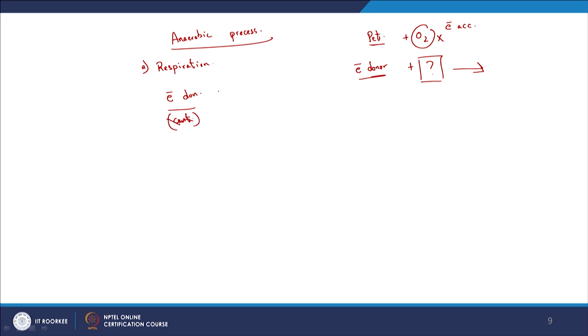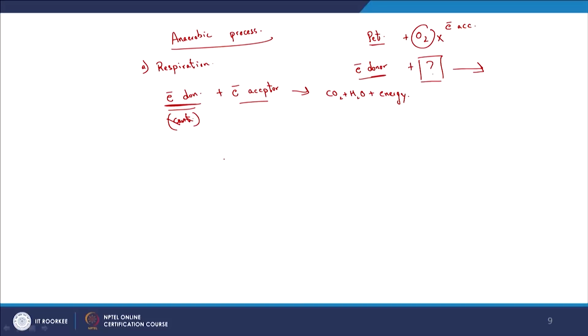So, you have the microbes degrading using the electron donor and electron acceptor, and that going to CO2 and H2O and energy, right. So, there is transfer of electrons, and the microbes use the energy, but in this context of the anaerobic process, you do not have oxygen anymore. So, what are the other electron acceptors that you typically come across?